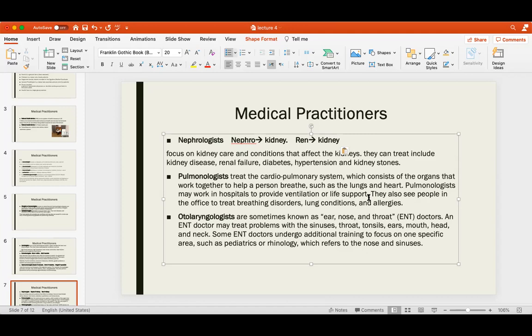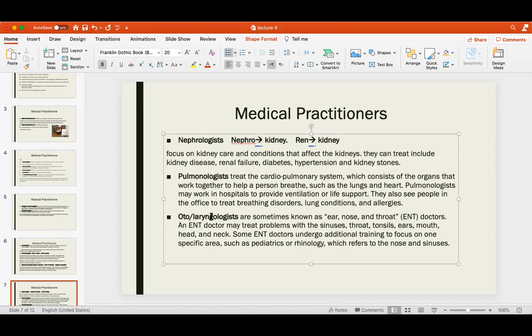The next one is otolaryngologist. How to read this long word? We divide it into syllables, parts. Otolaryngologists are sometimes known as ear, nose, and throat doctors, which is abbreviated as the initials of these words, E-N-T doctors.